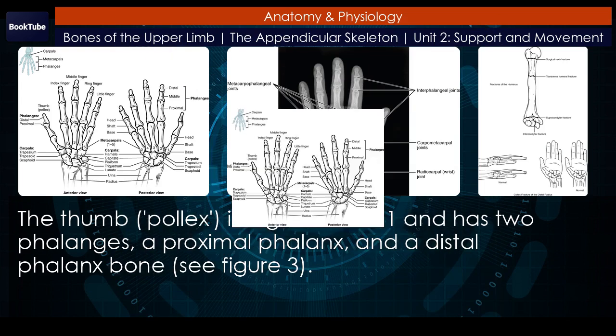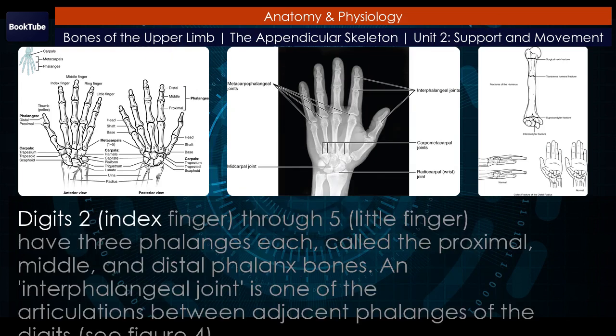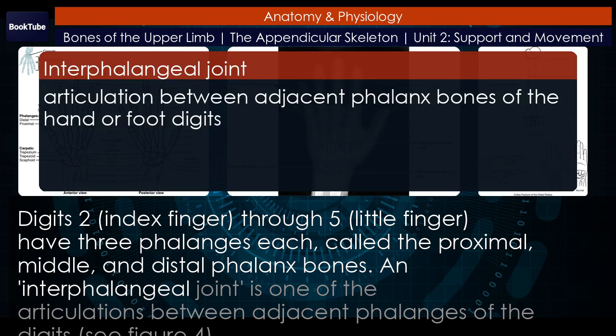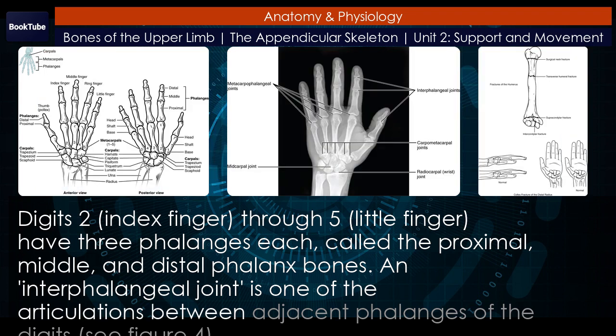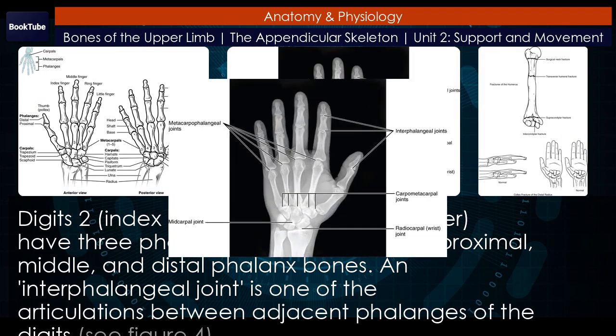See Figure 3. Digits 2, index finger, through 5, little finger, have 3 phalanges each, called the proximal, middle, and distal phalanx bones. An interphalangeal joint is one of the articulations between adjacent phalanges of the digits.